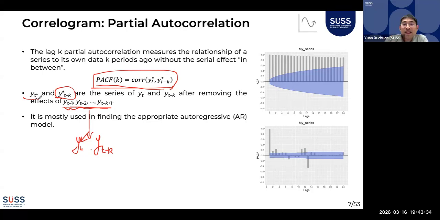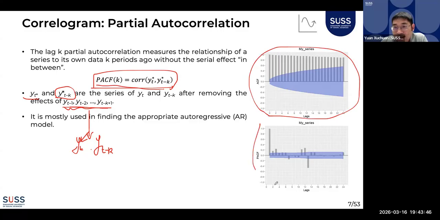Here again, you can see this is the autocorrelation, and this is the partial autocorrelation against the lag.